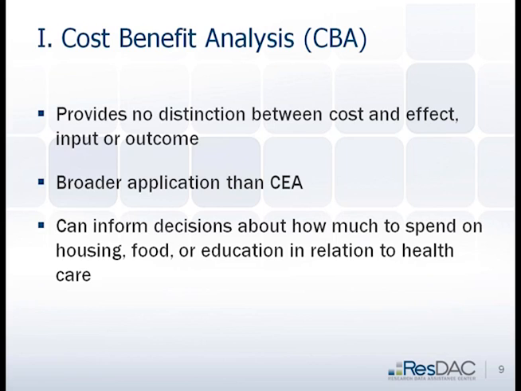While that might be a con associated with the analyses, it has a much broader application than cost effectiveness, and the reason being that now you've quantified the benefits and the costs in terms of a dollar amount, and now you can start making some decisions about how much to spend on housing, food, or education relative to the type of care that you're considering implementing either in your provider system or within your own institution.